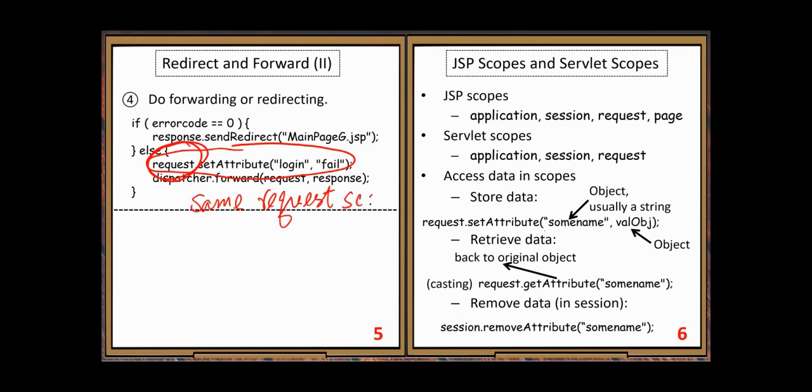If you go to a different request scope, you cannot retrieve that data. When you're in the same request scope, you can retrieve that data. So that's the background about the scope.